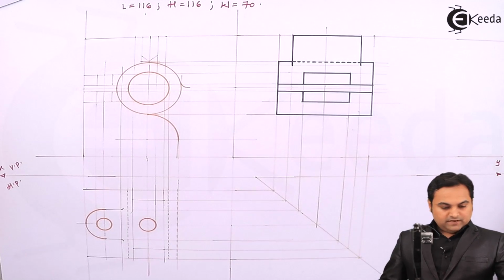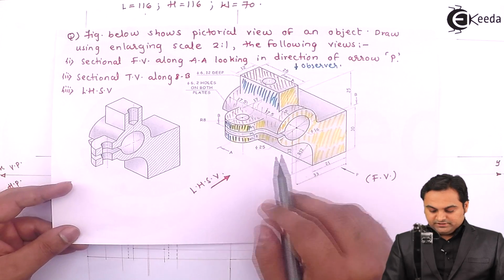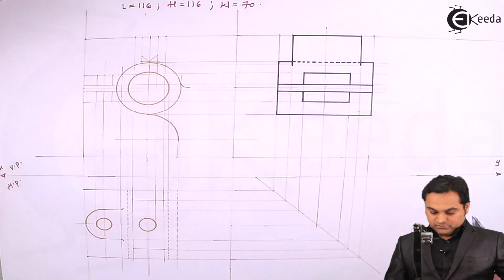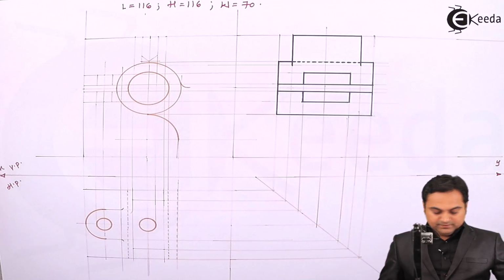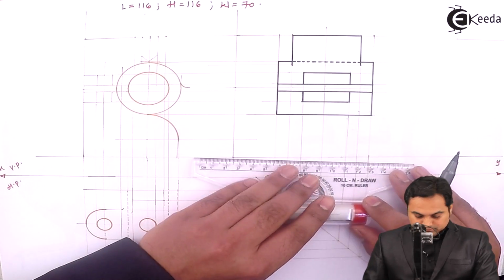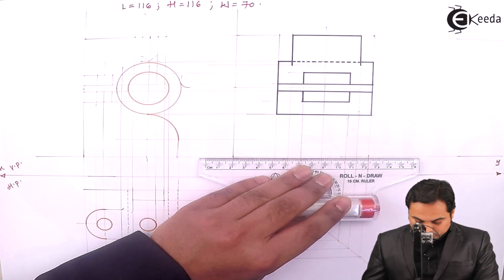Next, after this, whatever is left at the bottom of the cylinder, that will be seen as a rectangular surface. So this complete surface will be visible as a rectangle of width which is there throughout.